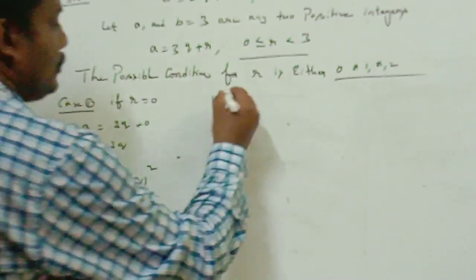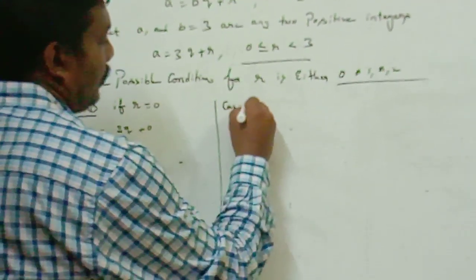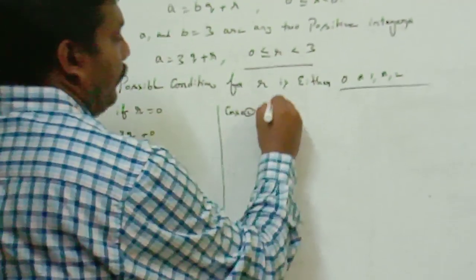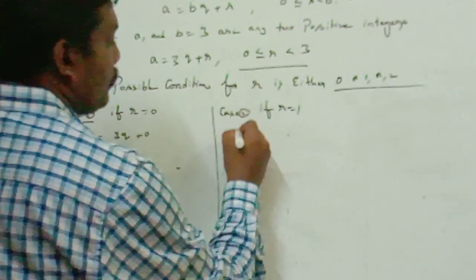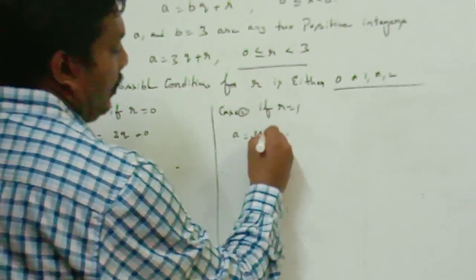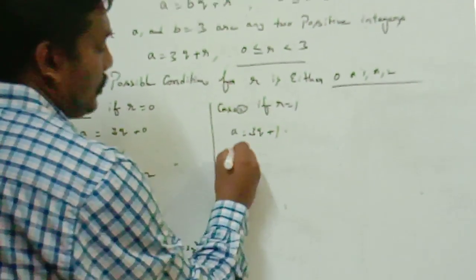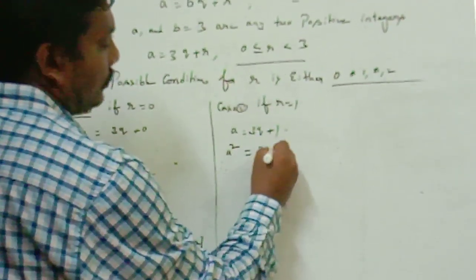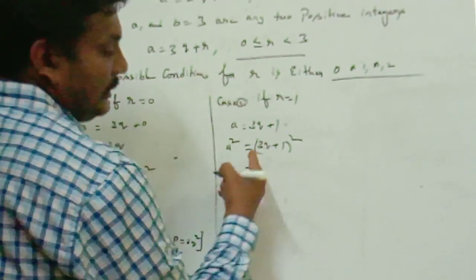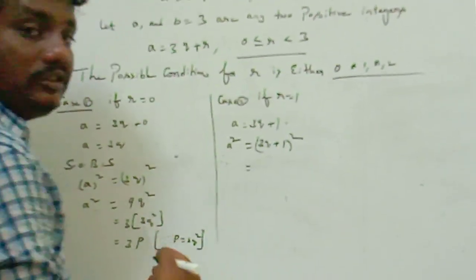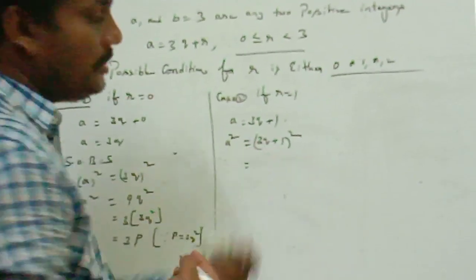Now coming to case 2. If r is equals to 1, what becomes? A is equals to 3q plus 1. Again squaring on both sides, a square is equals to 3q plus 1 whole square. Now this is a plus b whole square formula. We know that a plus b whole square equals a square plus 2ab plus b square.